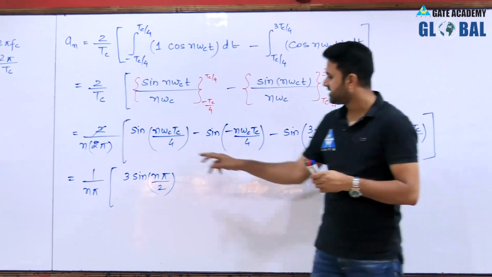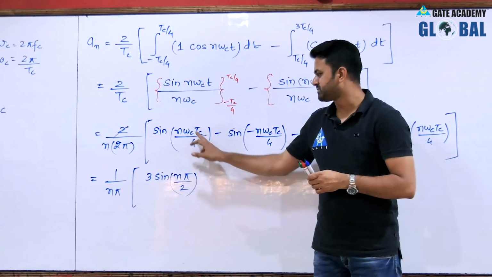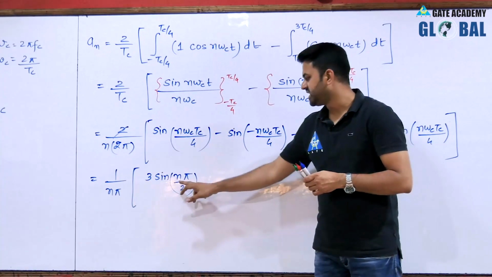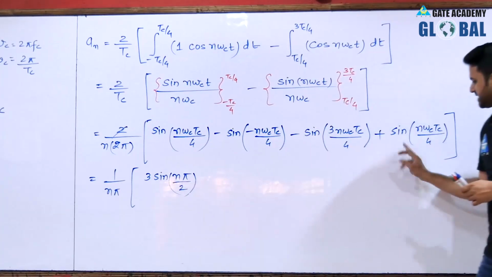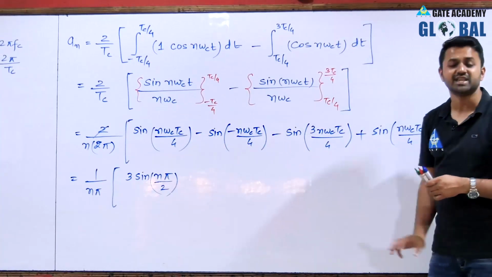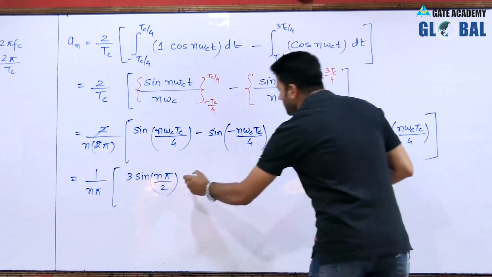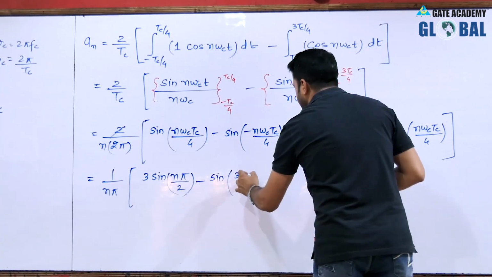You can see here, omega C Tc is 2 pi, and 2 pi by 4, that is pi by 2, and n is already there, so n pi by 2, and this is coming 3 times. This minus and minus become plus, so that is why there are 3 terms. So that is 3 sin n pi by 2 minus sin 3 n pi by 2.